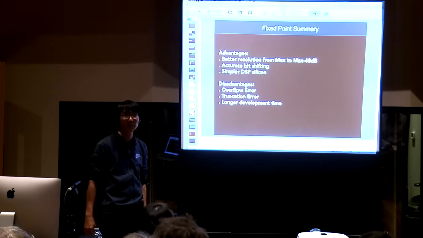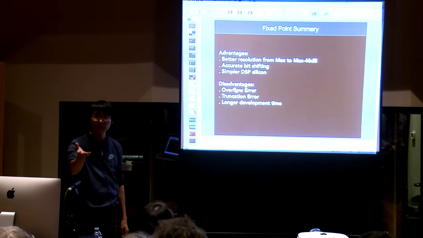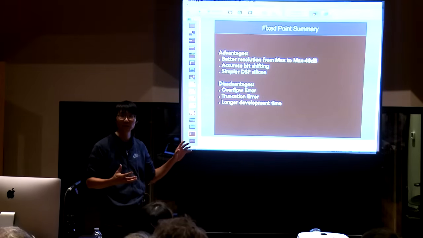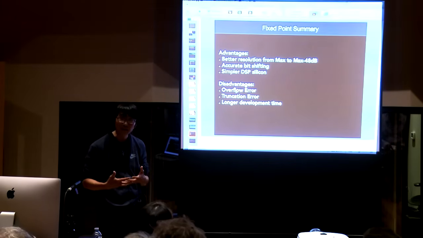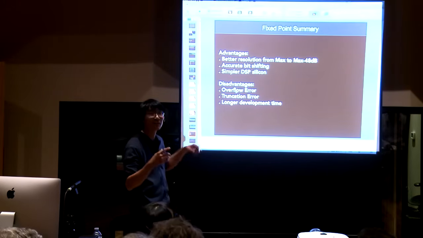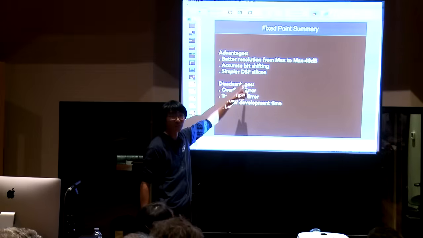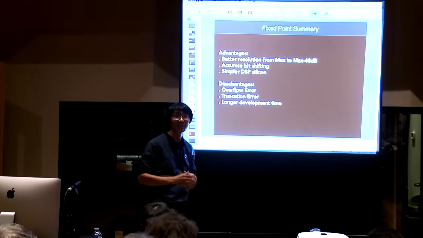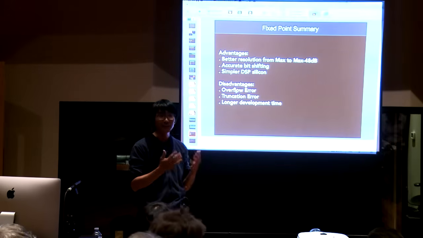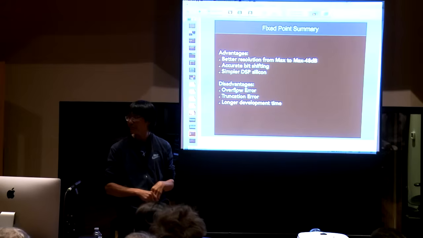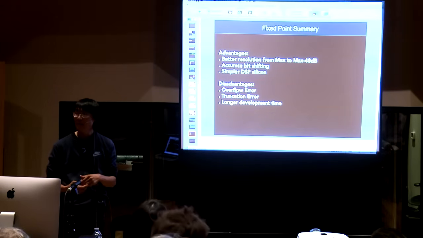And it's simpler DSP silicon. I guess this gentleman asked about the CPU having to be much more complicated inside. It's just doing more math. If it's doing more math, you're putting more in the machine. So the fixed point has simpler DSP silicon because there is less computation in the hardware, and thus it's less expensive.